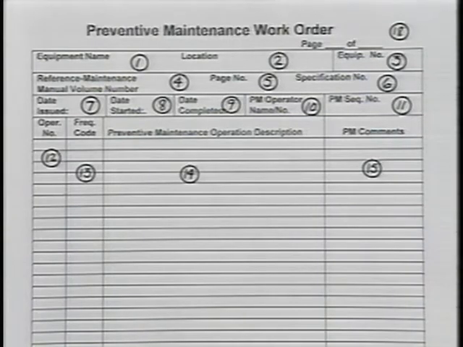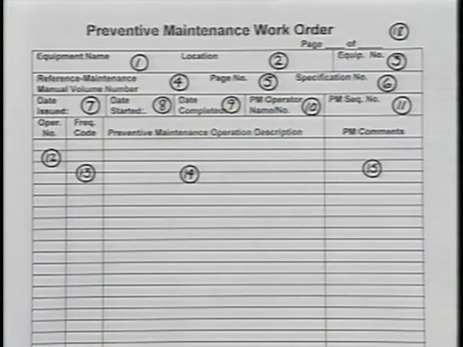Now, in the center portion, we have the PM operation descriptions, and that would pertain to, let's say, preparation time, travel to the job site, and any other of the sequences that would follow. Also included are the special tools and equipment and documentation required, and likewise the spare parts required.